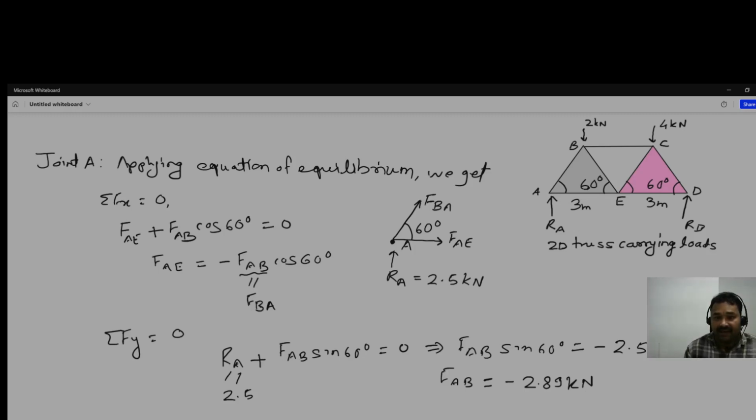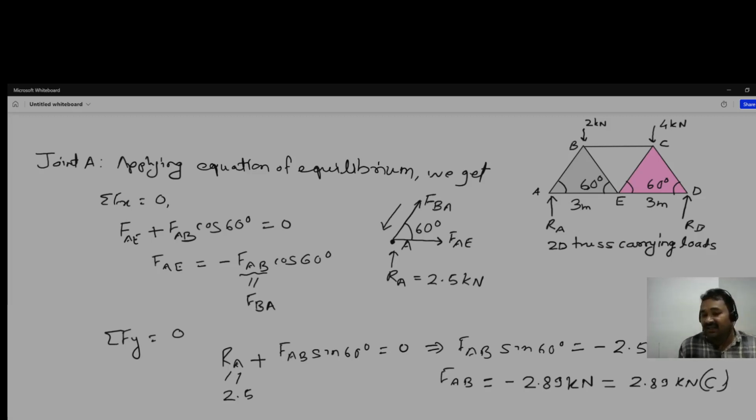Okay, so hence there is minus sign, but we have taken FBA the tensile, but actually it will be in compression. So here no need to correct, we can write it 2.89 kilonewton, and in bracket we can write capital C, it means compressive.